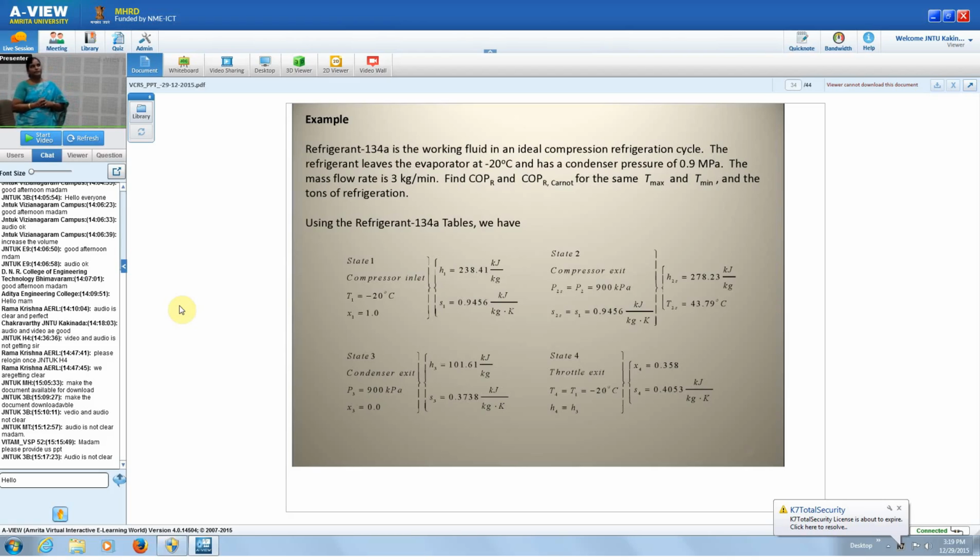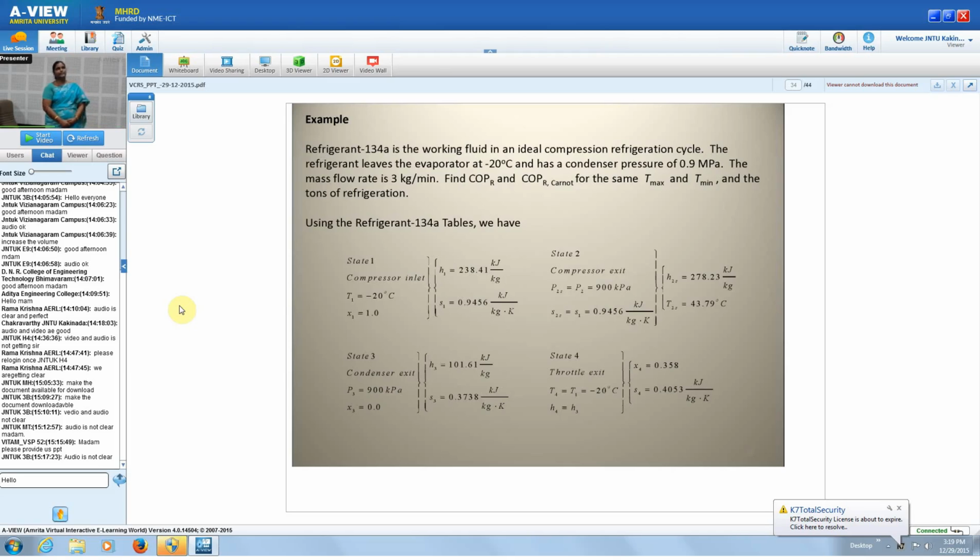The refrigerant 134a. In the refrigerant nomenclature, we will see afterwards what 134 stands for and what is the chemical name of the refrigerant and all this. 134a is the working fluid in an ideal vapor compression refrigeration cycle.